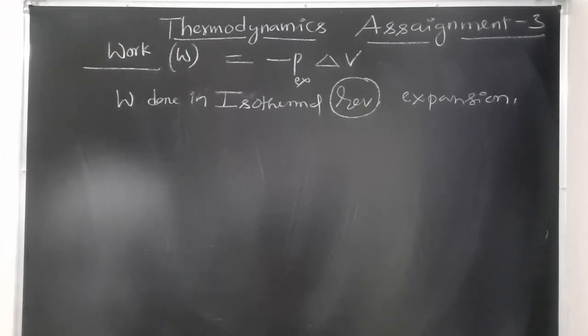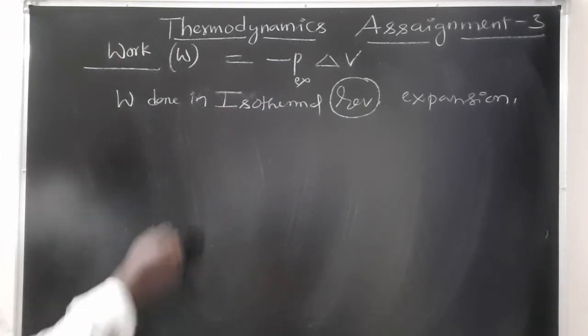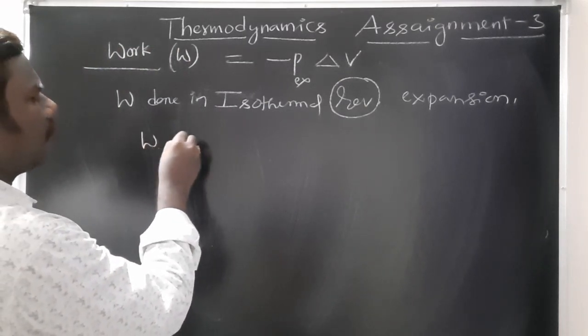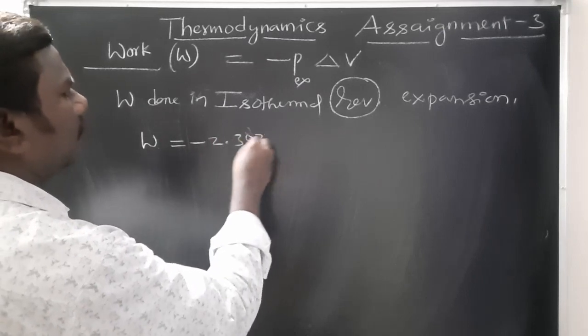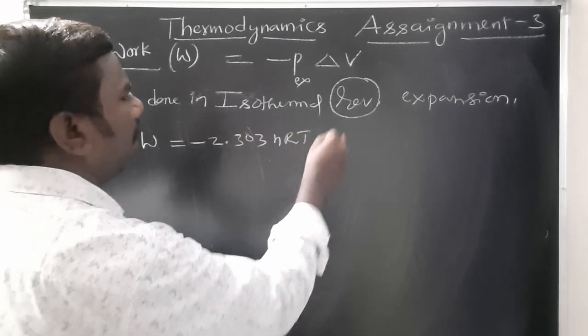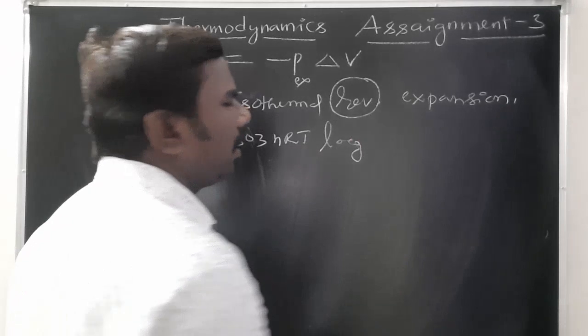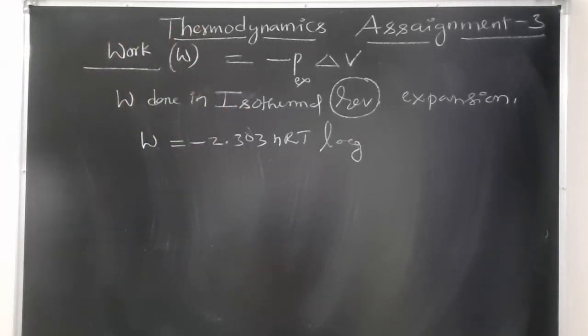Now, for the reversible process, work is equal to minus 2.303 nRT log of V2 by V1.